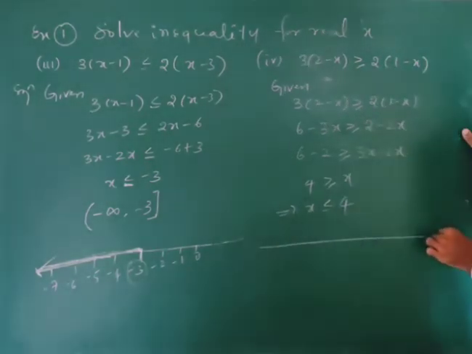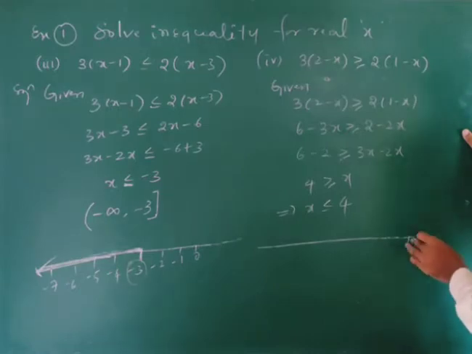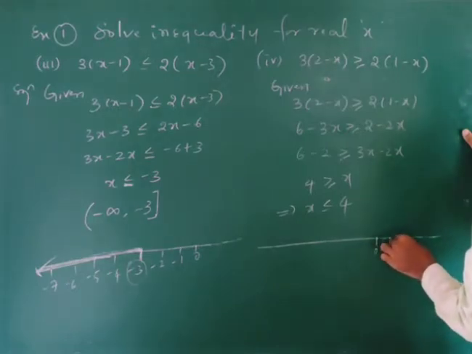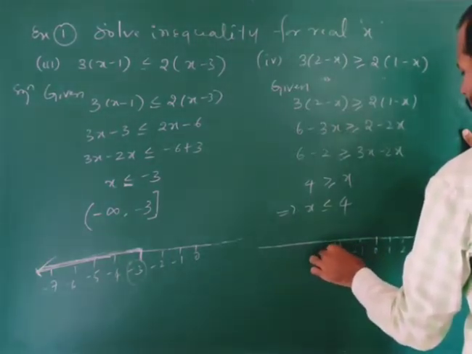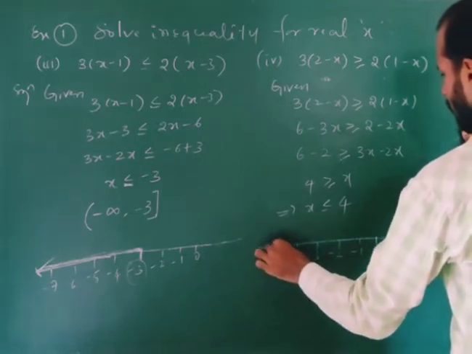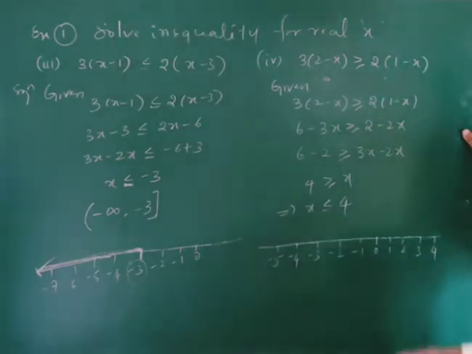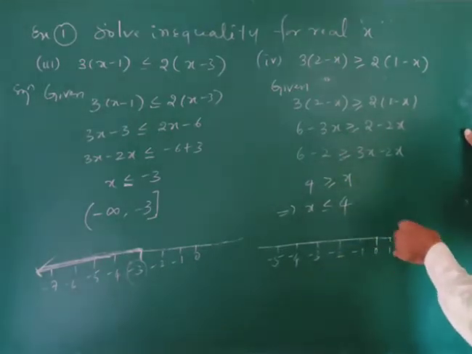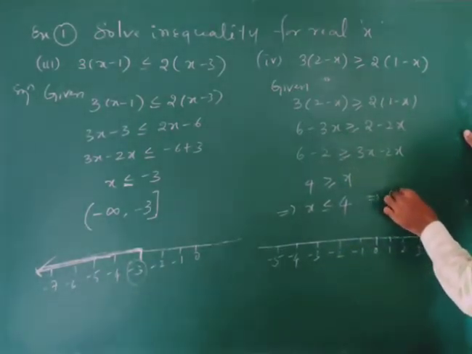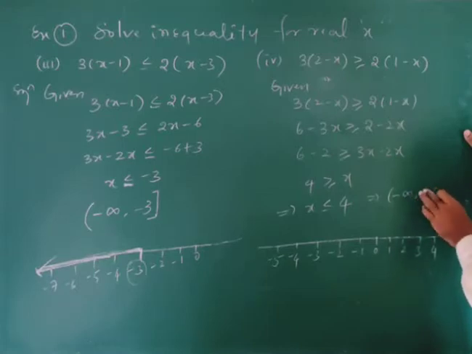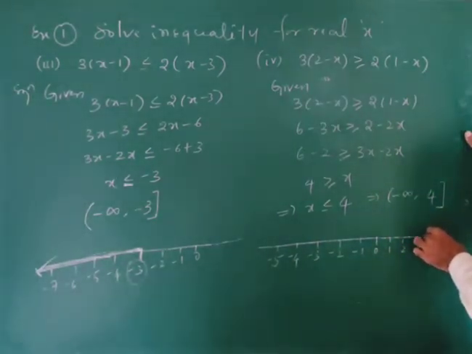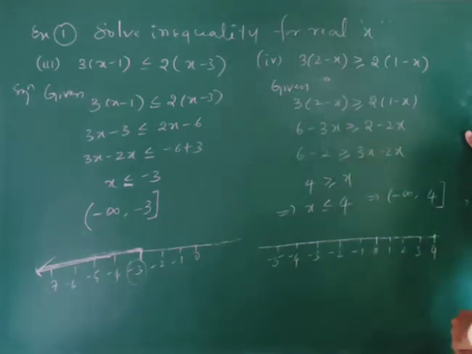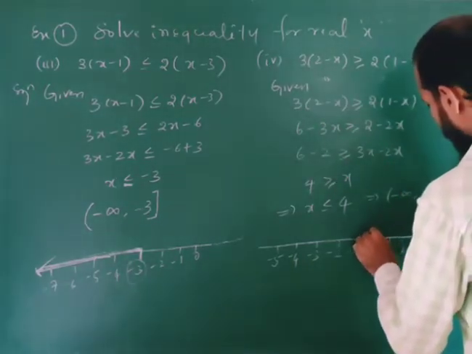Again on the real line, it is 0, 1, 2, 3, 4, and minus 1, minus 2, minus 3, minus 4, minus 5. We are writing similarly here also, from minus infinity to plus 4, right? Taking the end point here, minus infinity to plus 4. Now from this point, from 4, less than or equals to means from this point up to negative infinity.